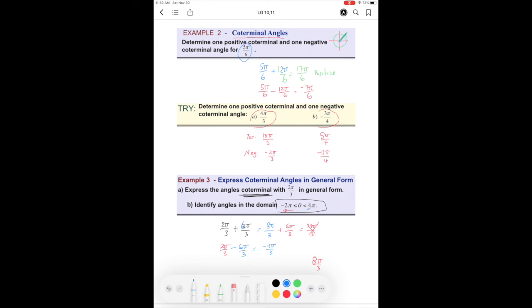But if I add another one, you'll realize that, again, it's going to go outside that domain because you get negative 10 pi over 3. And negative 10 divided by 3 is 3 point something. So the answers you're going to have are only that and that.